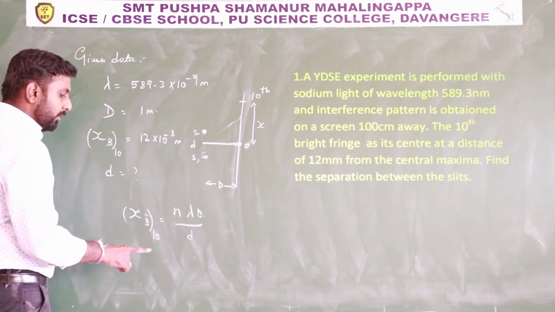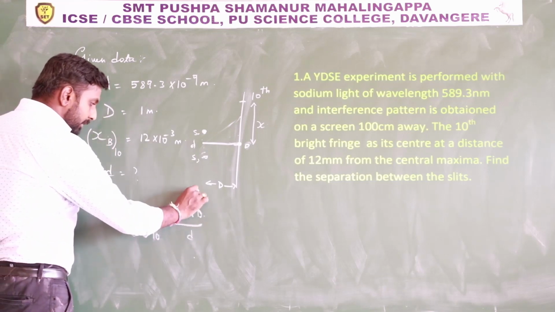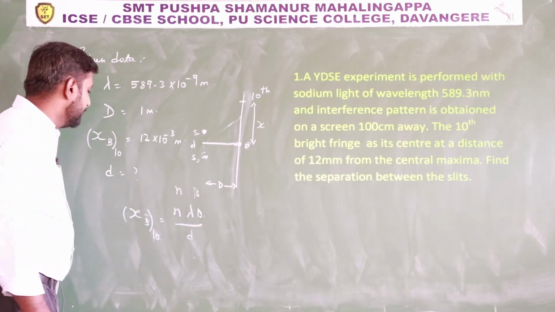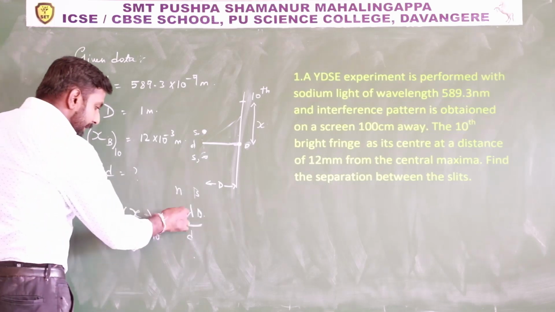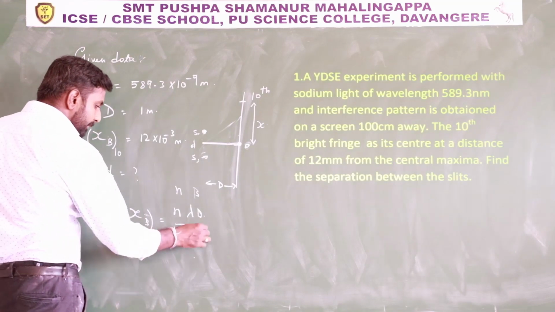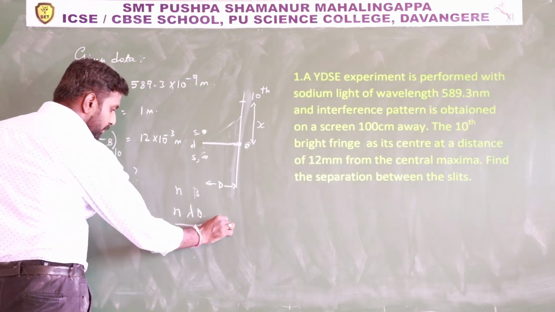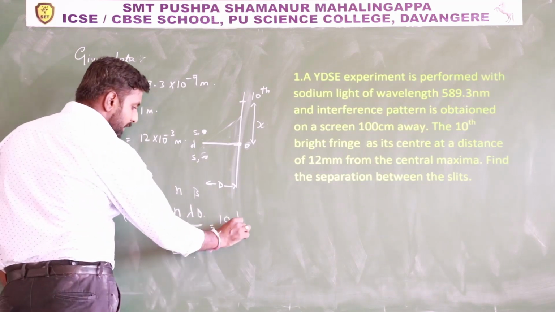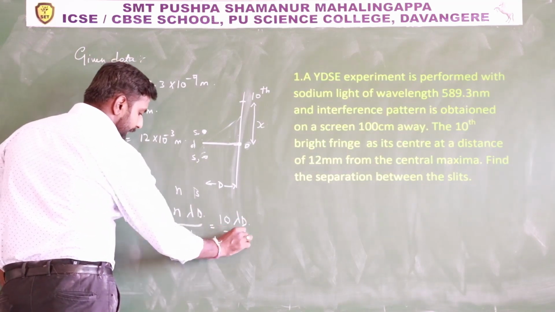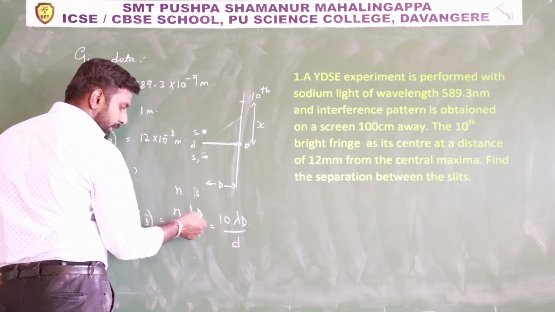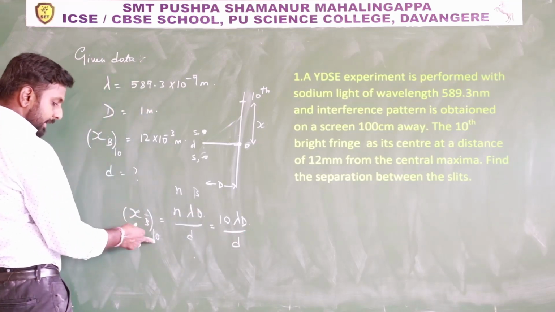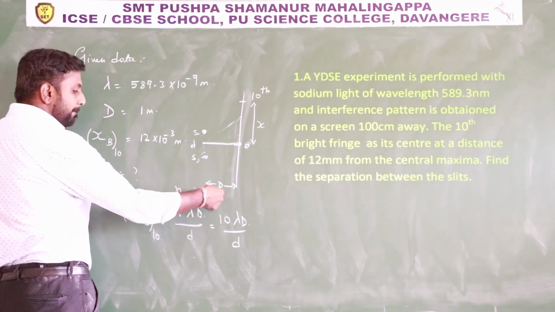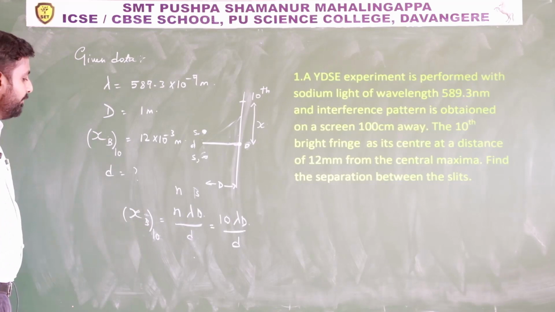Here lambda D by d you can also consider as beta, n into beta. In the place of n, you take the value as 10, so 10 lambda D divided by small d. Or you can consider the 10th bright fringe x b 10 equals 10 beta, also you can write.